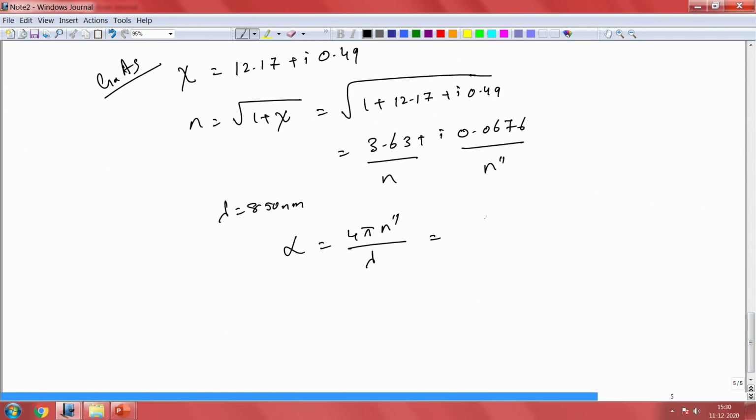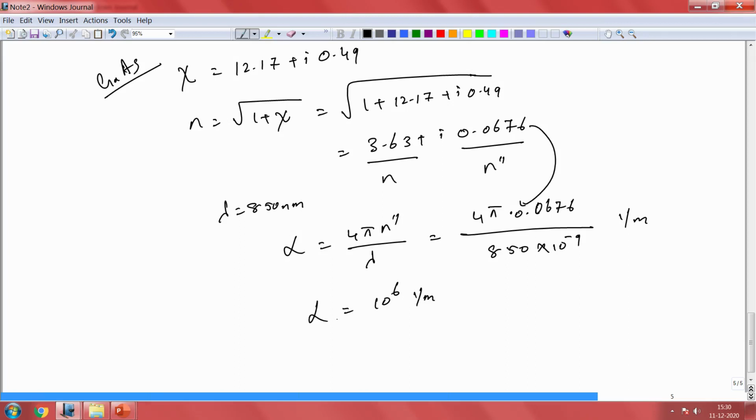So, 4 pi times 0.0676 divided by the wavelength, 850 times 10 to the power of minus 9. This is per meter, and if you do the calculation, approximately alpha will be 10 to the power of 6 per meter.